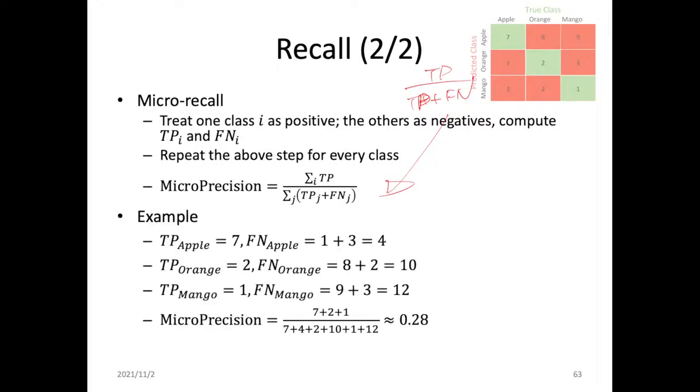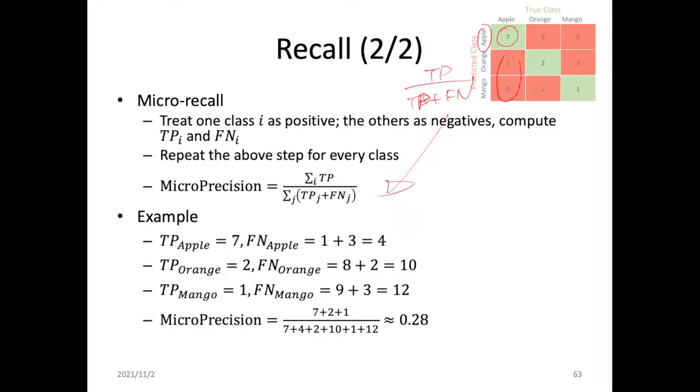If we treat apple as positive, what's the true positive here? True positive is 7. And false negative is what? It's predicted as not apple, but you are wrong. That's false negative.